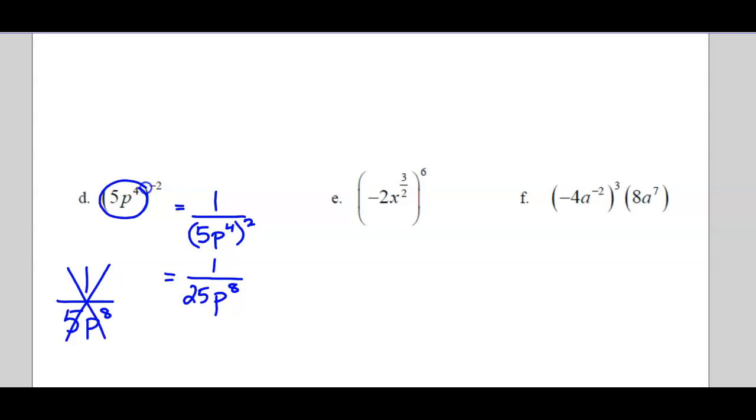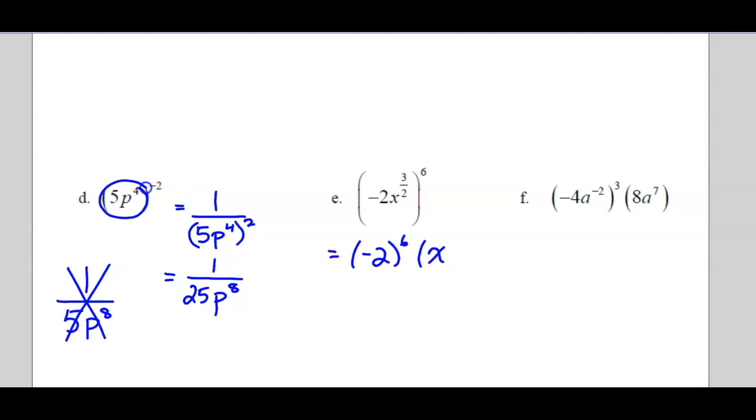Okay, next one. So notice how this one has a rational exponent on it. So that you could show as a radical, but don't. We know that we can go back and forth, but don't. This is in power form. We're taking -2x to the 3/2 to the exponent 6. So we're raising everything inside to the exponent 6. So really, that's -2 to the 6.